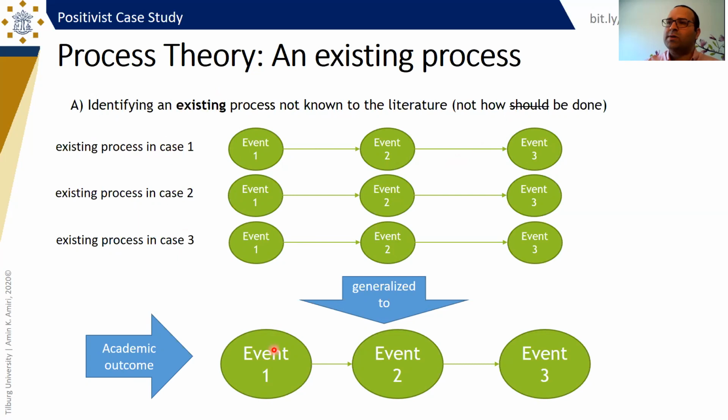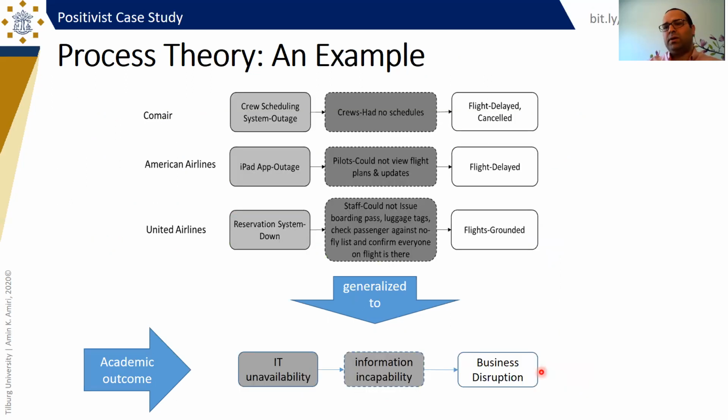You would say that, for example, in the case of IT unavailability, first IT unavailability happens, then business disruption happens, then financial loss happens. So this is called an existing process. And this is an example that you can see here. For example, in the case of Comair, their crew scheduling system went down. As a result, pilots had no schedules, then flights were delayed and canceled.